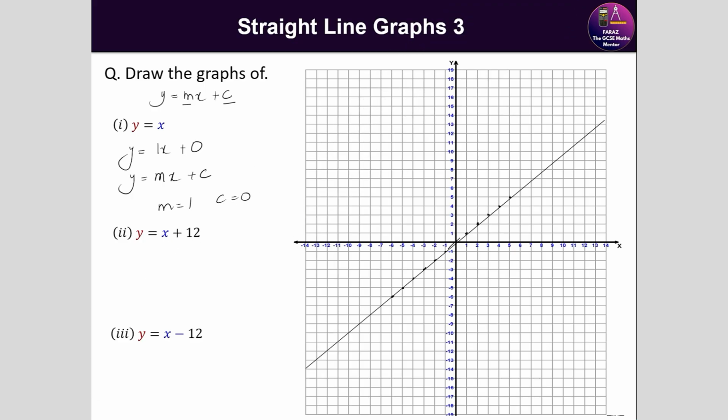Let's try the next one. y equals x plus 12 is already in the correct form. So this line will go through (0, 12). y equals mx plus c, which means m is 1 and c is 12. So this line will go through the point (0, 12) there, and again rise 1 for every one to the right.